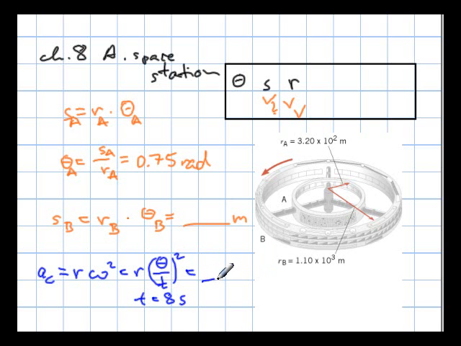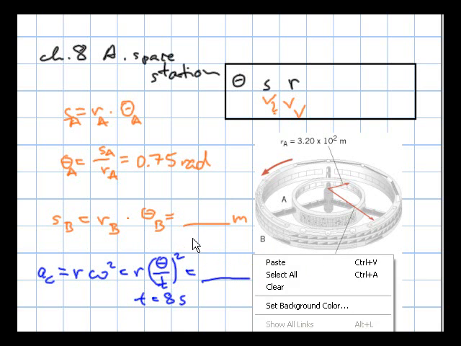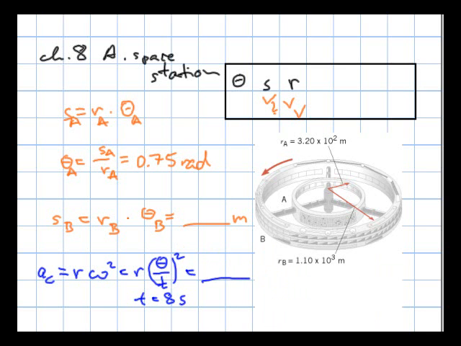That's 1100 times parentheses 0.75 divided by 8 parentheses squared, and I come up with around 9.7, and that of course is meters per second squared because it's an acceleration.